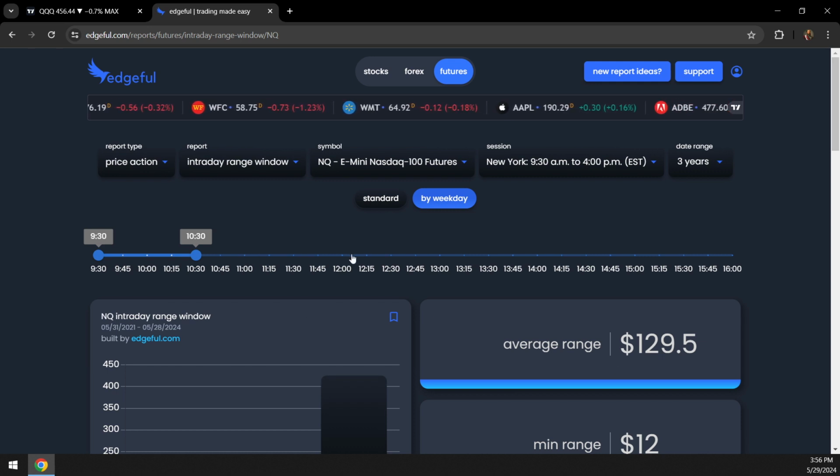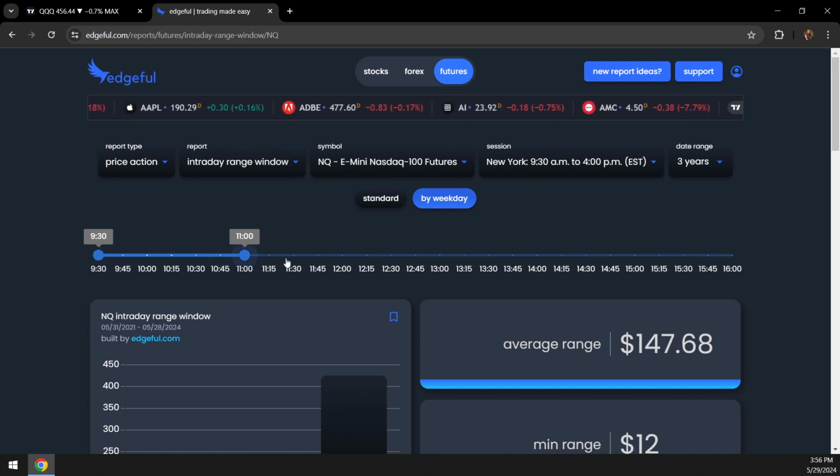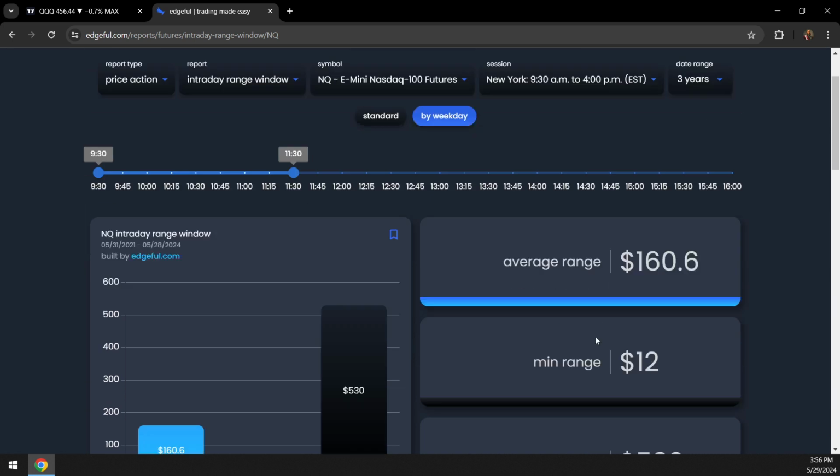So if you guys have certain windows you trade, you can use this. Maybe you trade for 2 hours in the middle of the day, you have a break from your job or from whatever you've got going on. You could look at this and say, okay, I can trade from 9:30 in the morning till 11:30 or something. That tells you what your average range is.